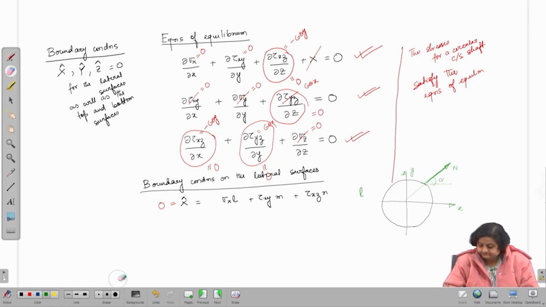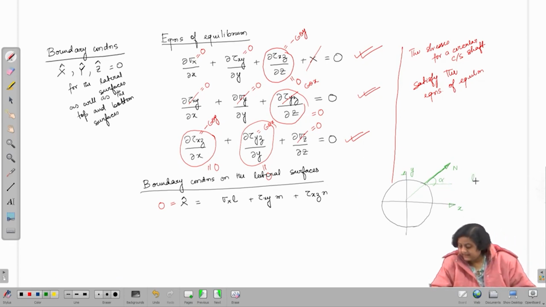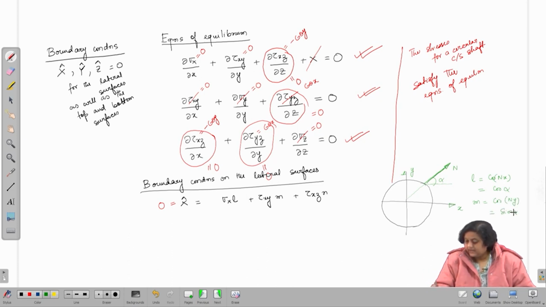L is cos(n,x), which is cos alpha. M is cos(n,y), which is sin alpha, and n is cos(n,z), which is equal to 0, because the normal to the lateral surface is going to make an angle of 90 degrees with the z axis, the axis along the length of the shaft. So, this is equal to 0.